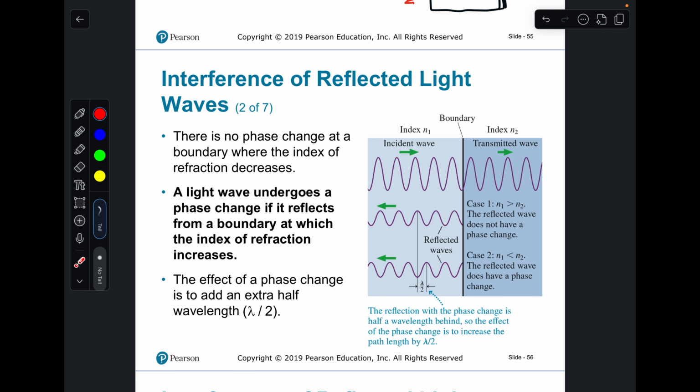And so you have a phase change, and what that phase change does is it adds an extra half a wavelength. And guess what? That's going to influence our constructive and destructive interference conditions, right? Because our constructive and destructive interference conditions depend on the path length difference.